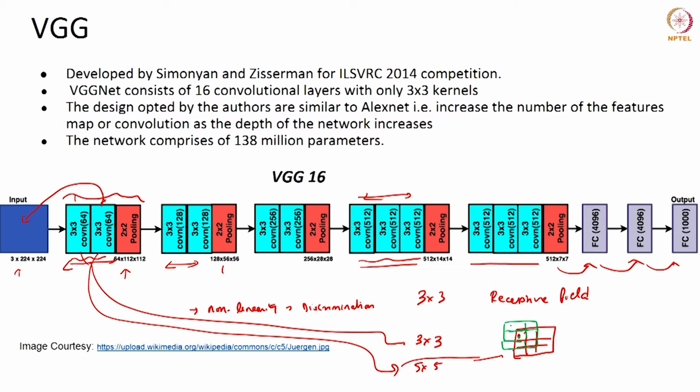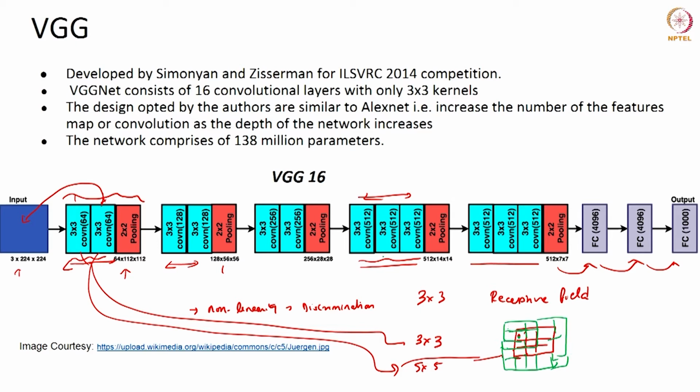So, this is looking at 3, 1, 2, let us say. Then we see that all around we will have to add one more row and column, okay. So, its receptive field on the input is actually 5 cross 5.